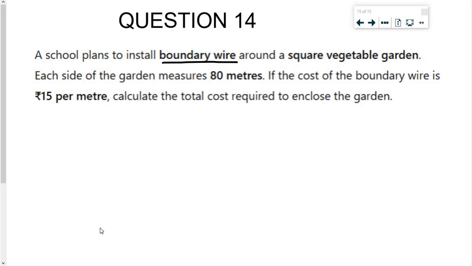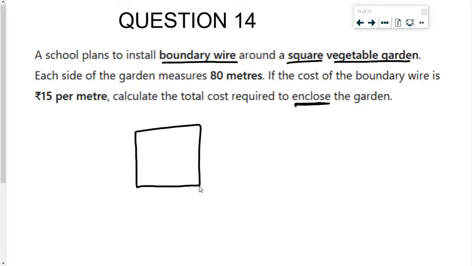If the cost of the boundary wire is 15 rupees per meter, calculate the total cost required to enclose the garden. So first, draw a square vegetable garden. Simply draw a quick square like this. Then each side measures 80. So right here, 80 meter.